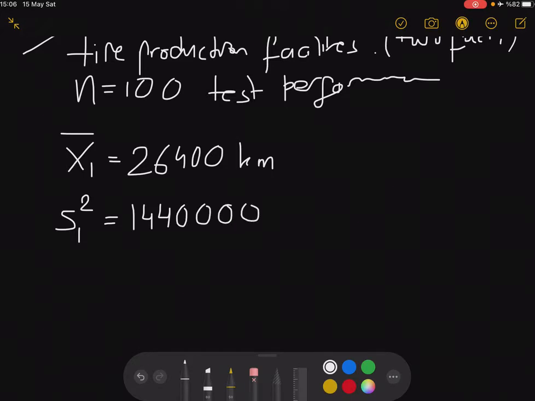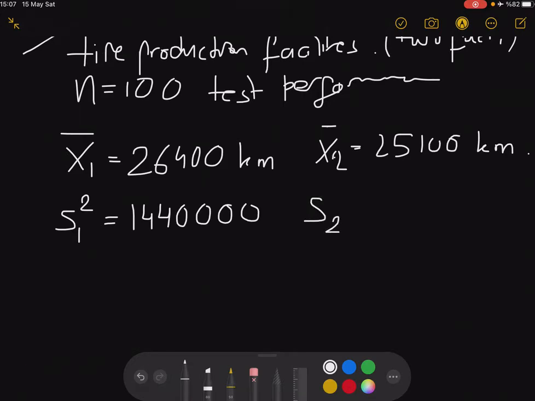All right, and the second factory has some statistics like this. It goes up to more than 25,000 kilometers without any problems.